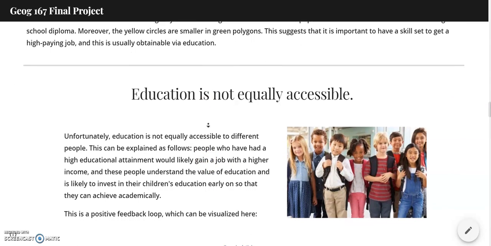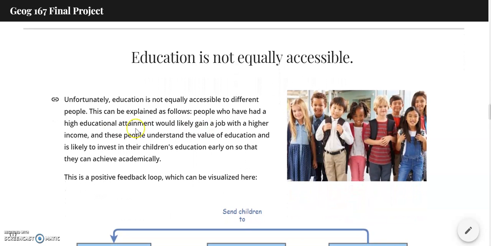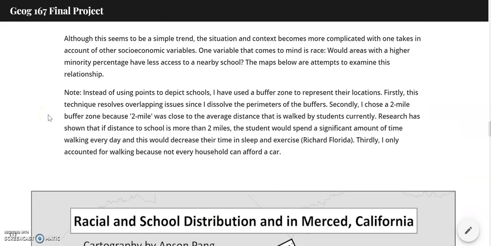And moving on to our last theme, which is that education is not equally accessible. I want to see whether socioeconomic variables play a role in this. The first variable that comes to mind that affects equal accessibility is race.